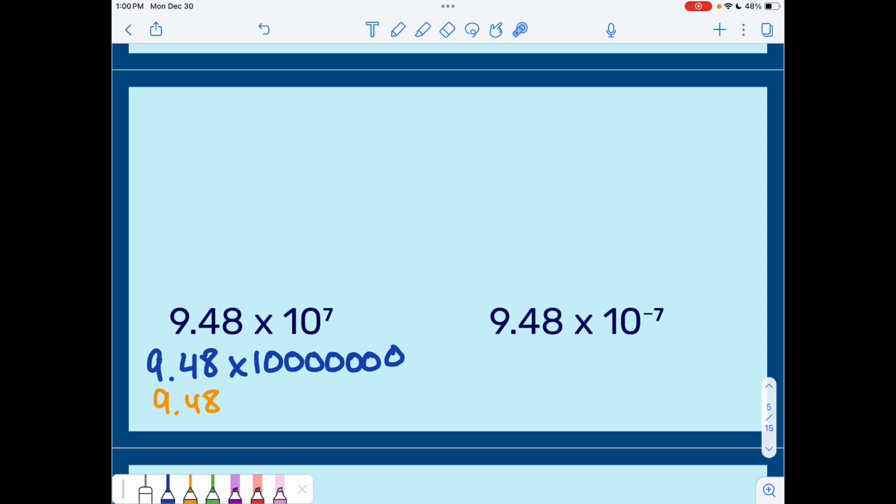We are going to move this decimal place over 7 spots because it's telling us to move to the right 7 spaces because it's a positive 7. So what we're going to do is we're going to go 1, 2, 3, 4, 5, 6, 7, and add zeros in. And that is our final answer once we move this decimal place over there.